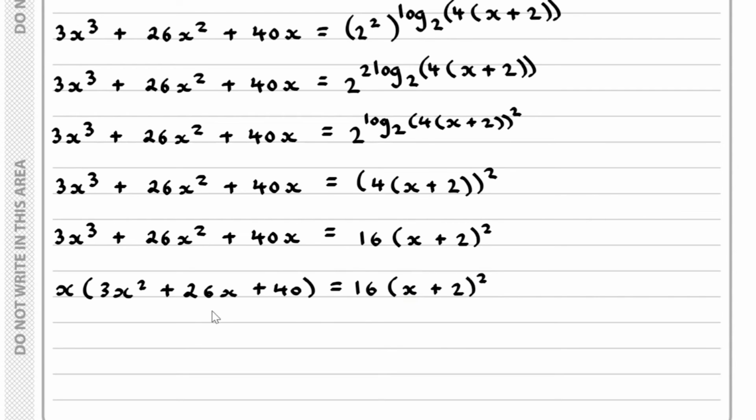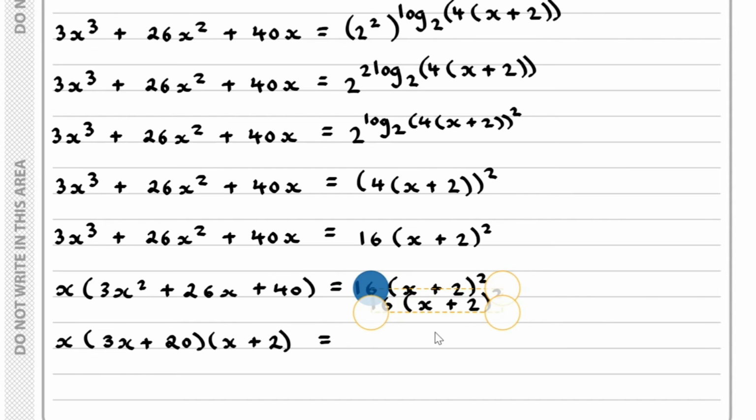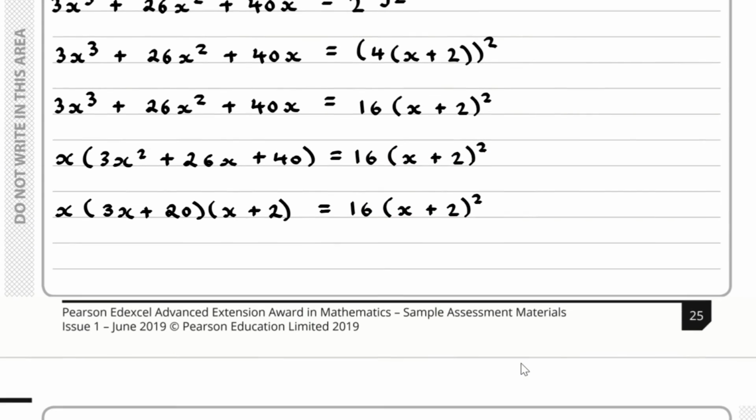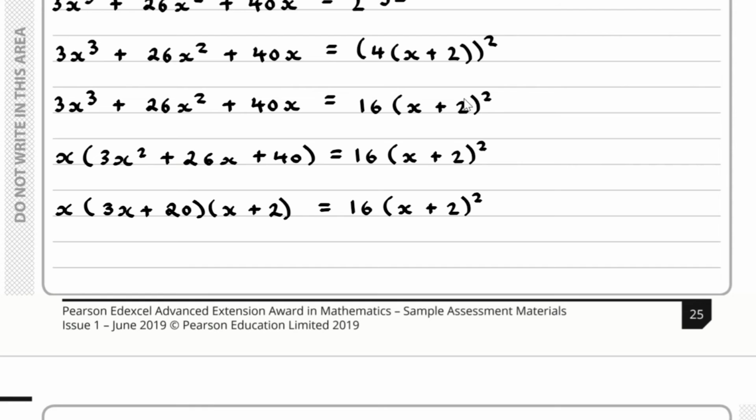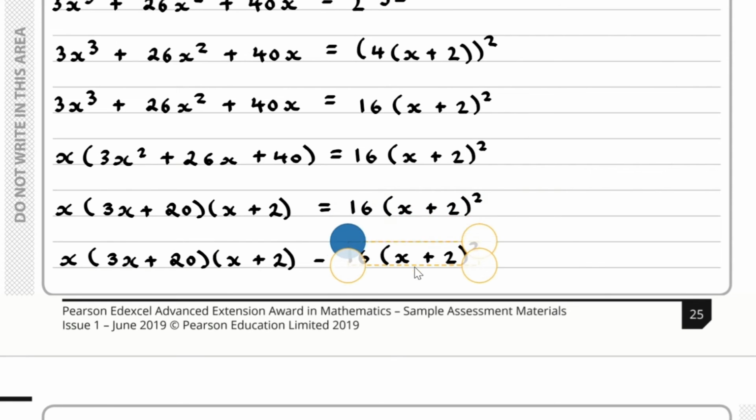Now, I can factorize the left as x multiplied by 3x plus 20 multiplied by x plus 2, and this will equal the result shown here. And so if I take everything over to one side and then subtract 16 multiplied by x plus 2 all squared, the result of this is 0.